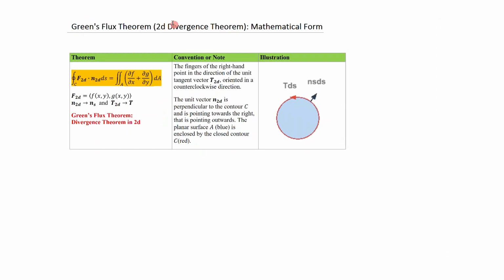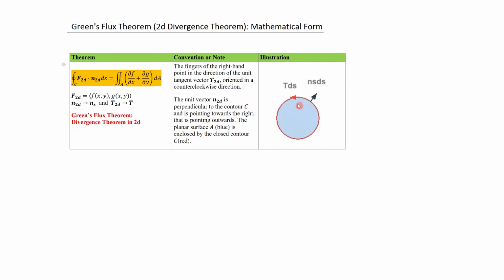We can also look at the 2D version of the divergence theorem, which we call Green's flux theorem. So in mathematical form, again, we're traversing a contour in a counterclockwise direction, which means the normal vector points to your right, which means it's pointing outwards from the contour. In 3D, it was pointing outwards from a surface. In 2D, outwards from a closed contour.